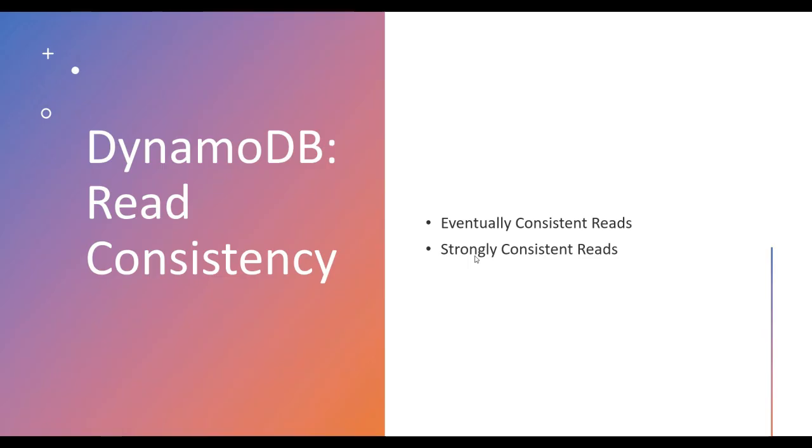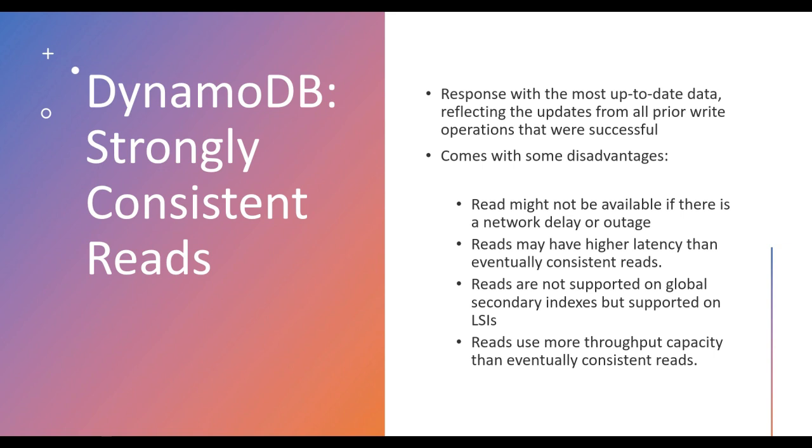So if you remember, we can do two types of read on DynamoDB, eventually consistent and strongly consistent. By passing the value of consistent read as true, we are doing strongly consistent reads, which means that our read operation will wait for all the write operations to complete before it sends back the data.